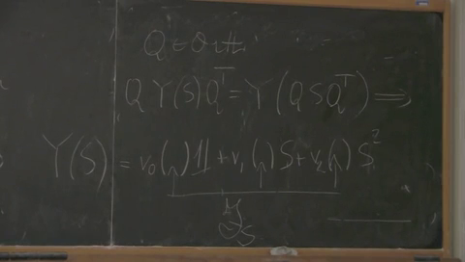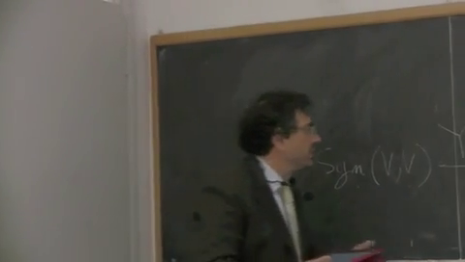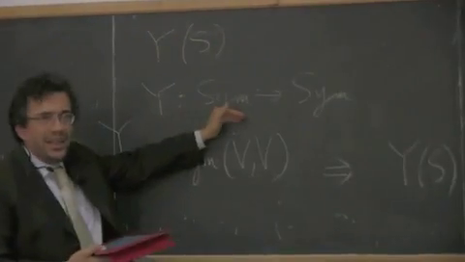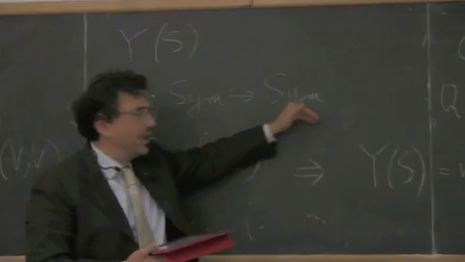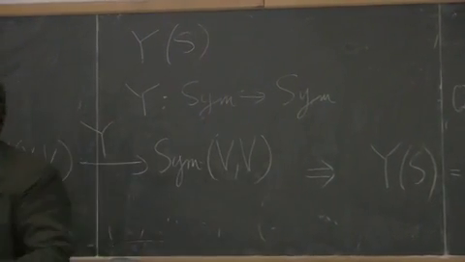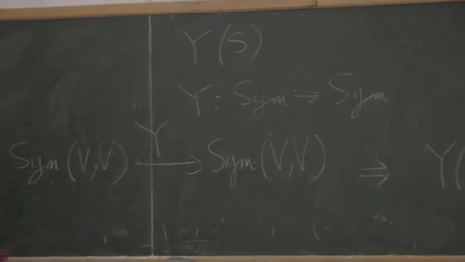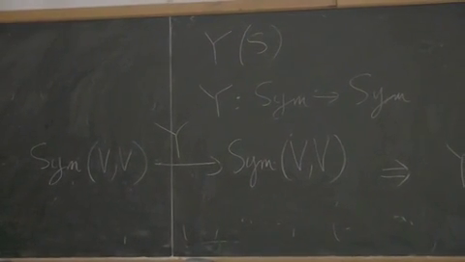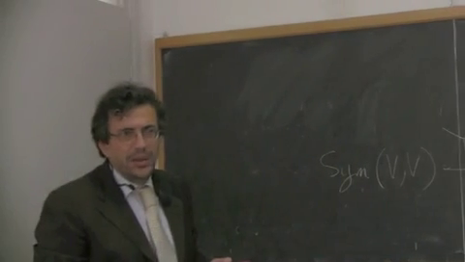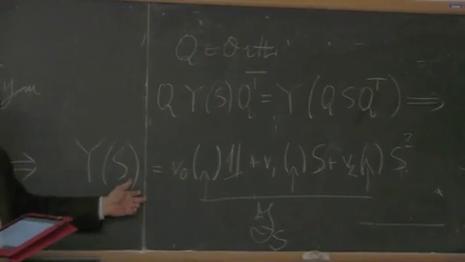So, in the enormous set of possible maps defined in Sym, having values in Sym, to assume isotropy means that you have this very particular form.